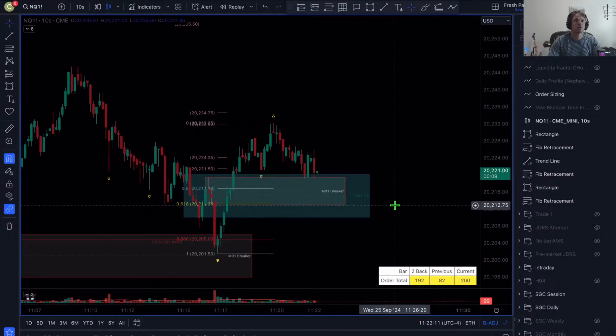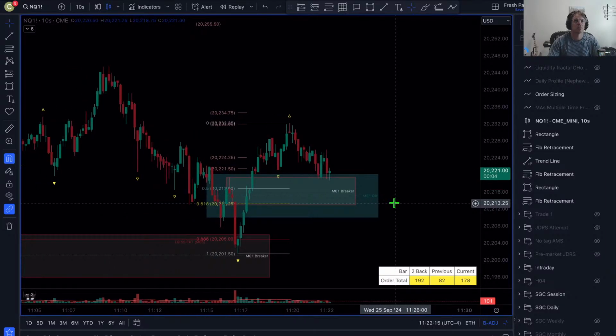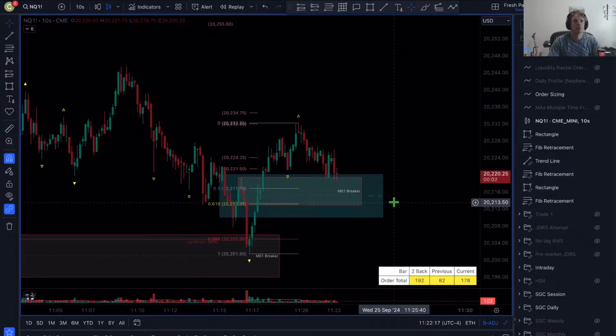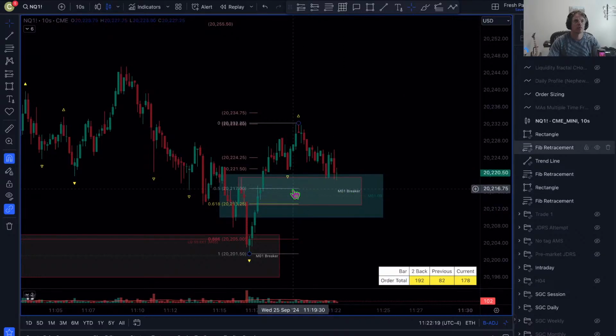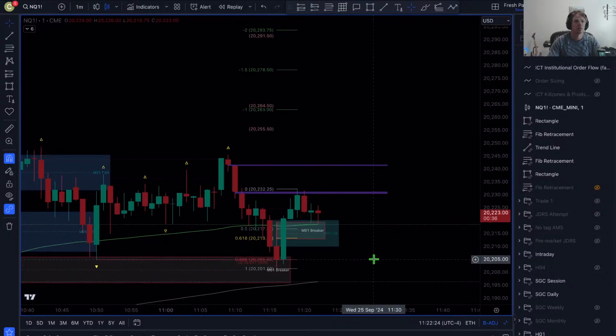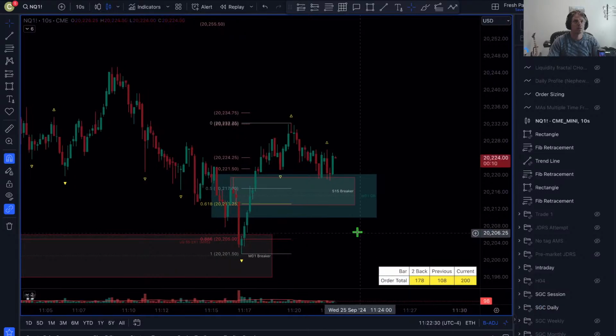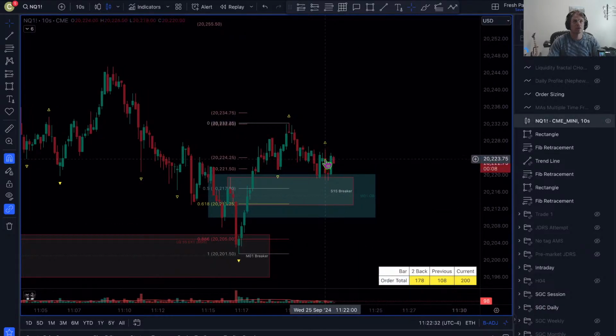Equals there. Another sweep. Haven't hit EQ yet. That's a good rejection of that right there.